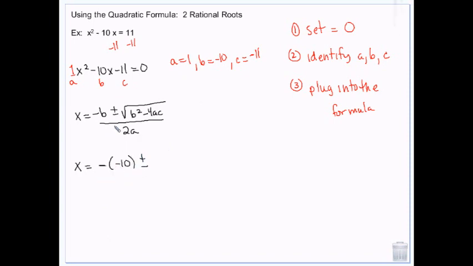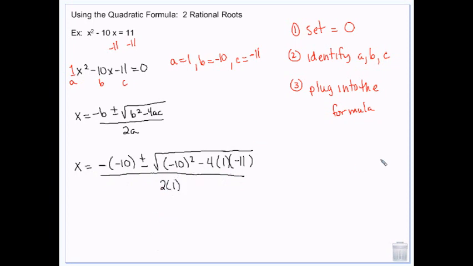Okay, so we have negative negative 10 plus or minus the square root of negative 10 squared, because that was b again, minus 4 times a, which is 1, times c, which is negative 11. All over 2 times a. Right?